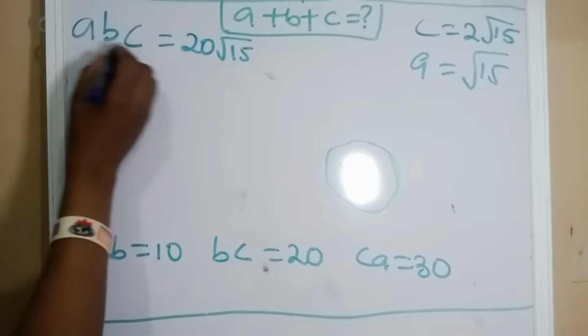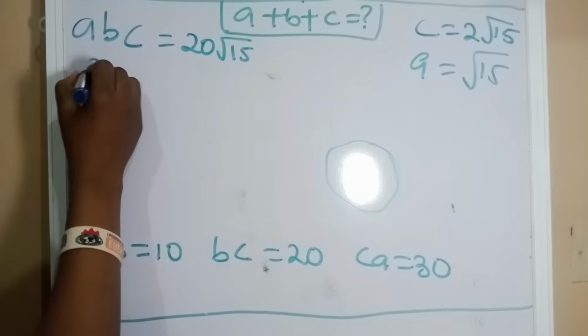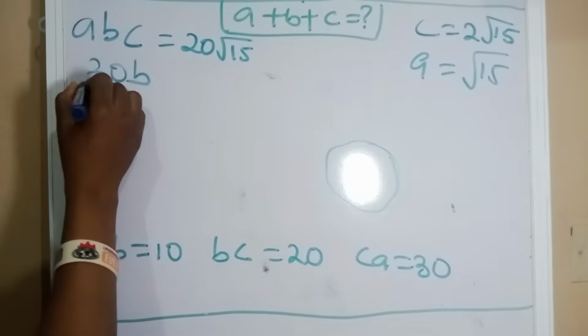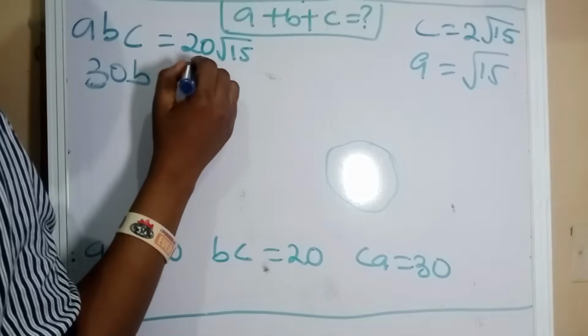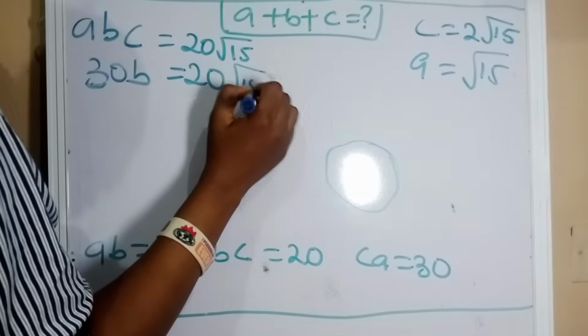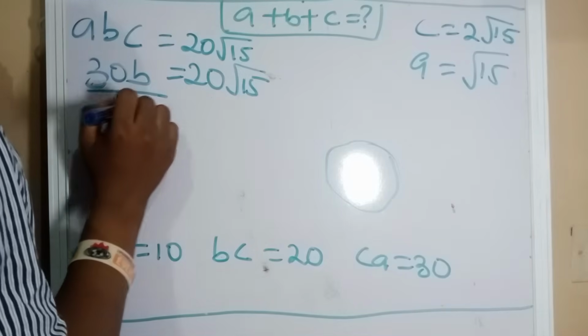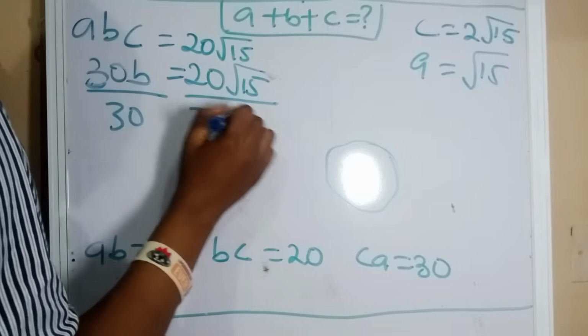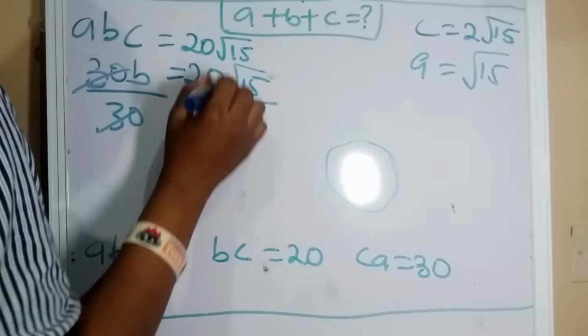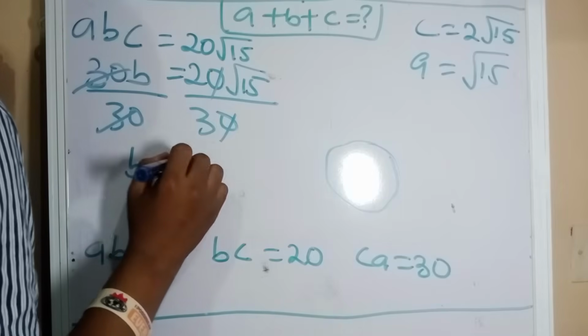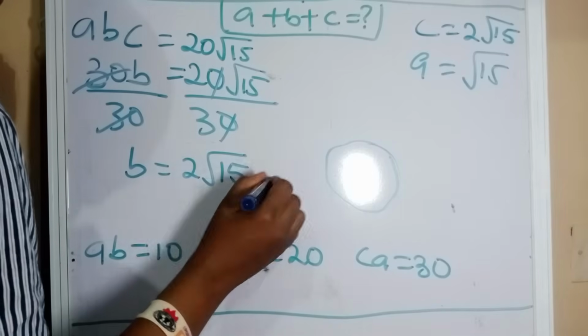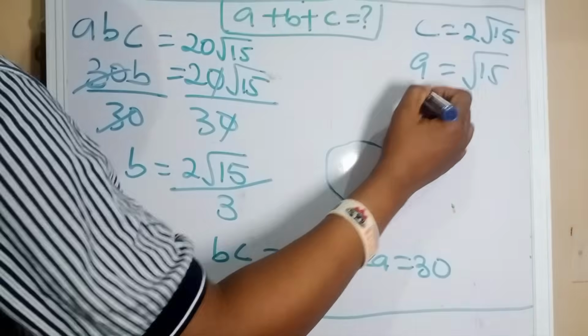So if we have CA as 30, we have 30B equal to 20 root 15. So if we divide both sides by 30, we have B to be what? 2 root 15 all over 3.